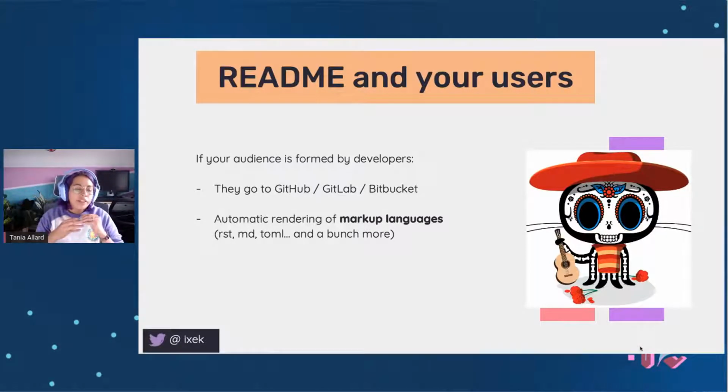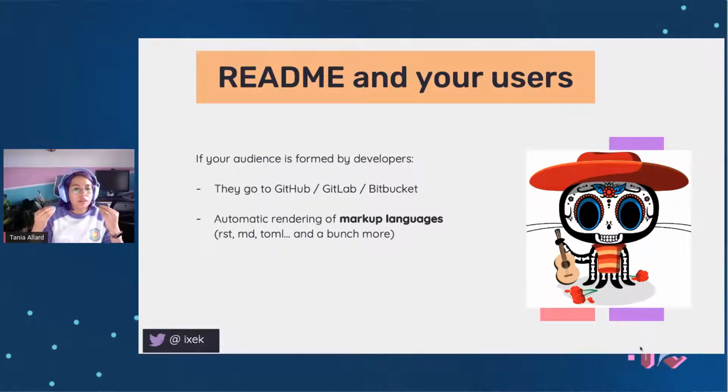And I dare to say that for developers or machine learners or makers and enthusiasts, the README is that landing page, is that first interaction between them and your project. It doesn't matter if your project is in GitHub, GitLab, or Bitbucket.